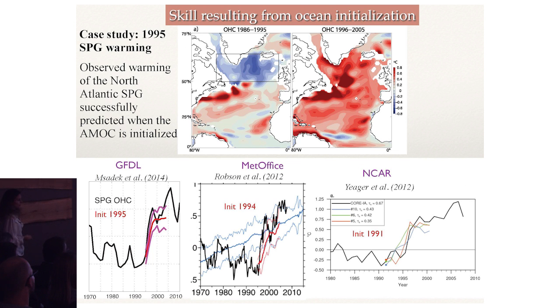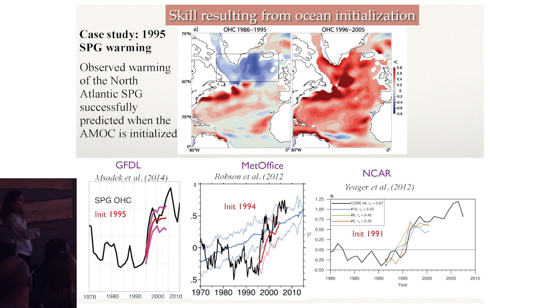Another thing that appeared in this CMIP5 exercise is you need to look at events that show a large signal, in particular because the signal to noise is really small. And so you need to look at events where you had a strong signal, and to look at the mechanisms that were associated with that. So a number of groups looked, including myself and different other groups, at what happened during the 90s.